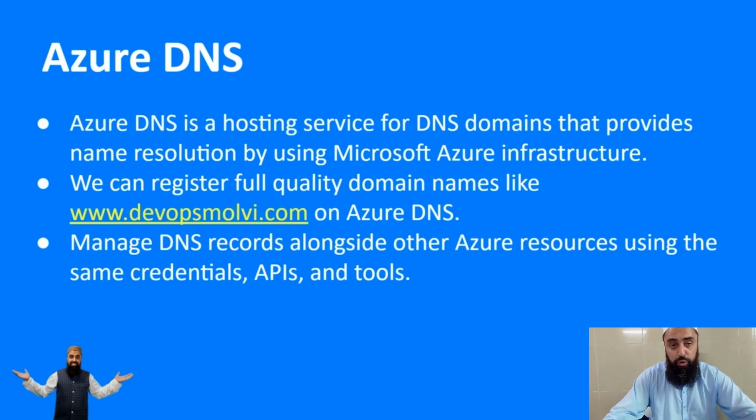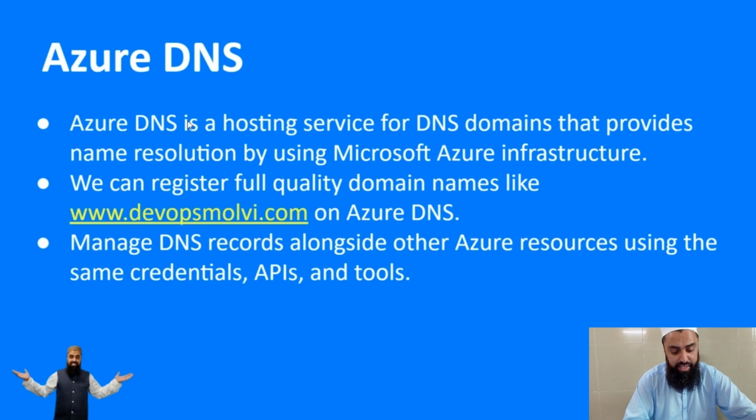After that, guys, we have Azure DNS. If I want to use the Domain Name Services of Azure, just like we have Route 53 on AWS and Cloud DNS on GCP, we have Azure DNS. And I can register my domains. I can create domains on Azure, just like I have given the example. If I want to have abc.com, I can use Azure DNS and register my domains using Azure DNS.